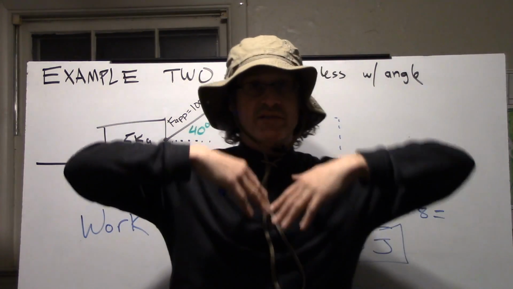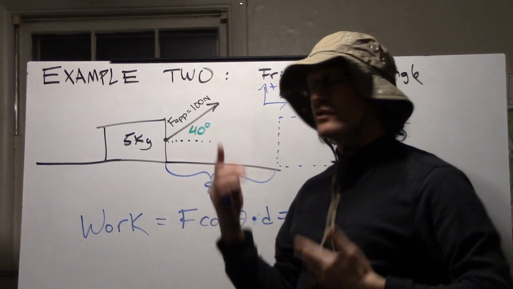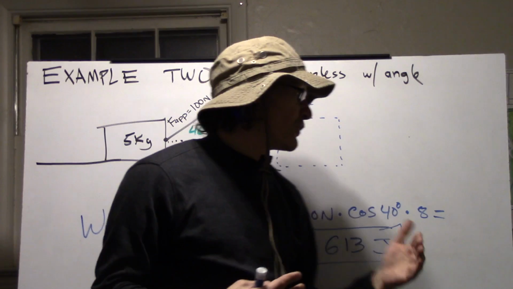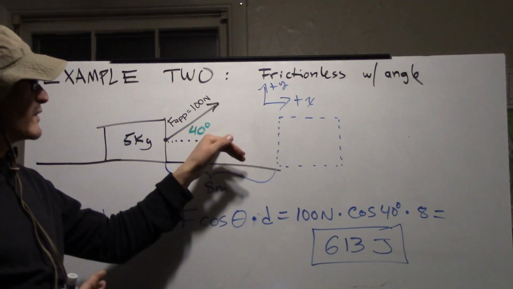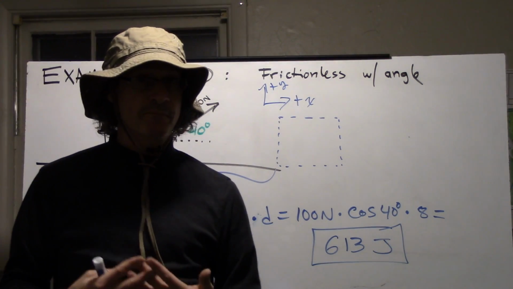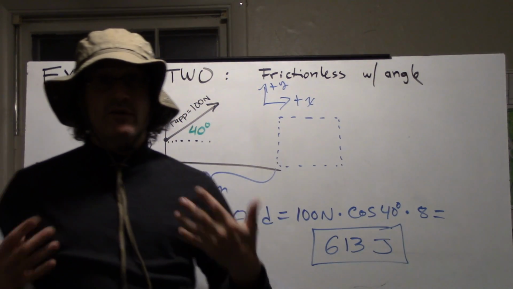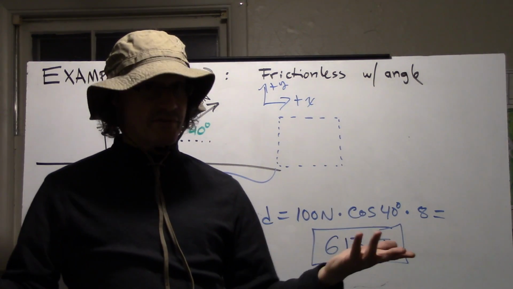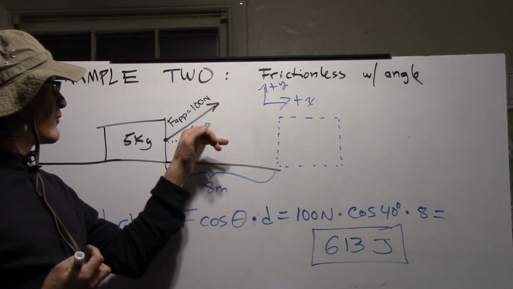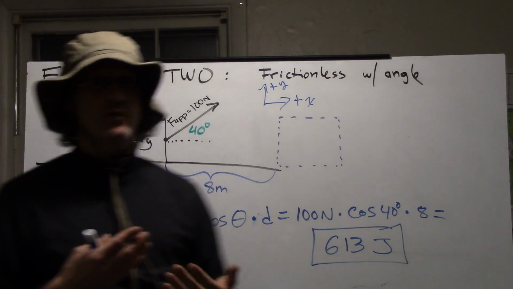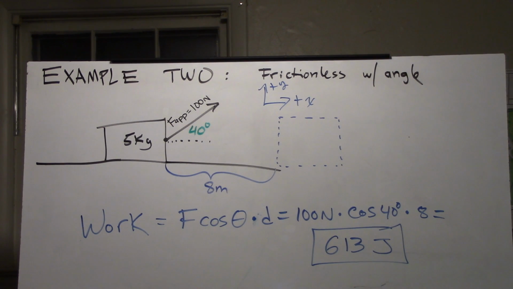Some will actually try to lift it above the ground, so there's less available to speed this up. So if we were to calculate the acceleration over 8 meters, the acceleration would also be less than it was before due to this angle. All right, so here it is. Number 2 is through.